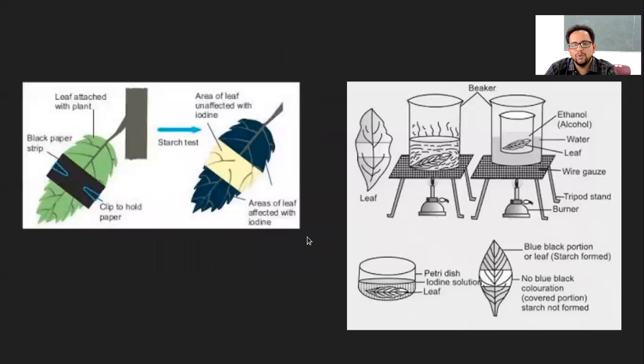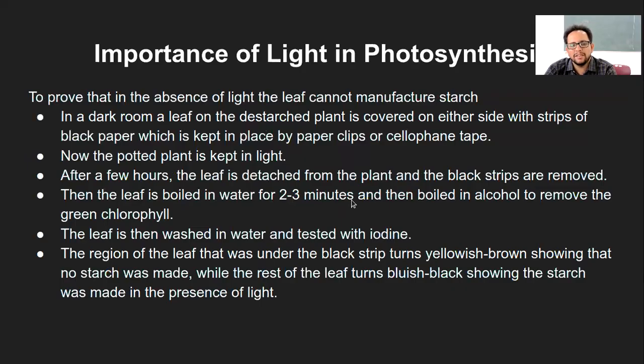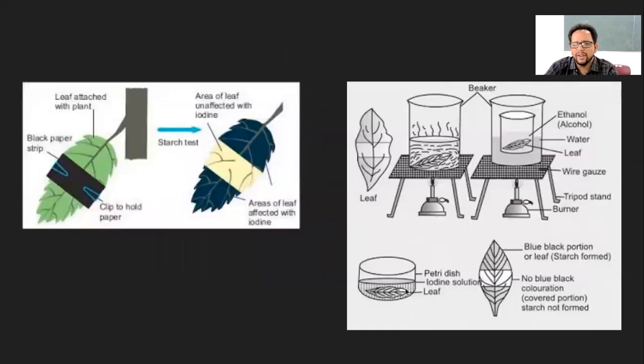So there are only two of these experiments. Several questions have been asked: why do we need to de-starch, why is the strip applied to the leaf, why are the leaves boiled in alcohol, and so on, right? You should be able to answer all of them.